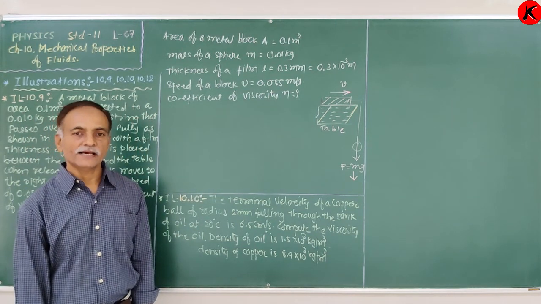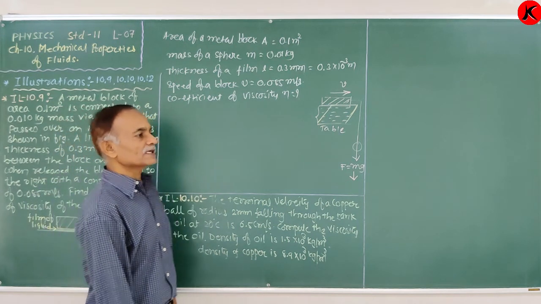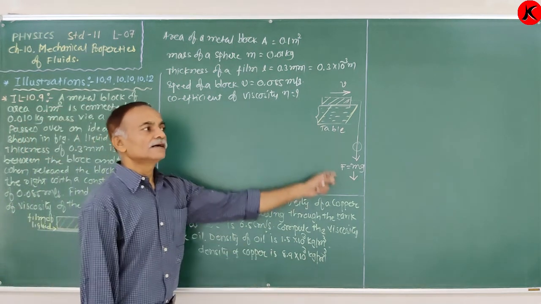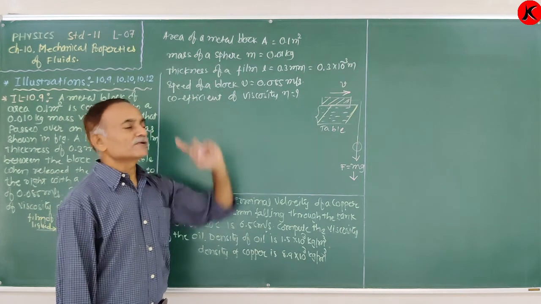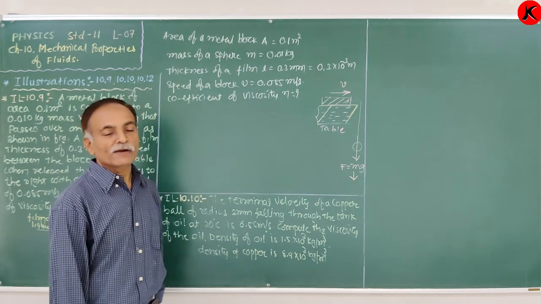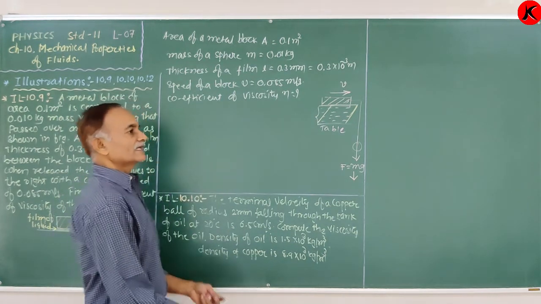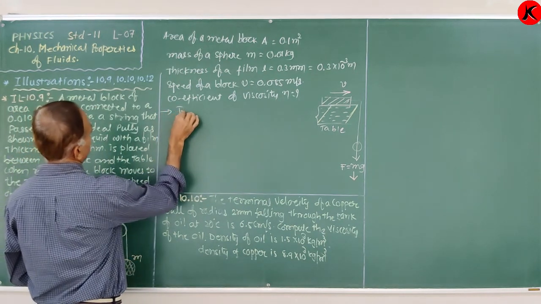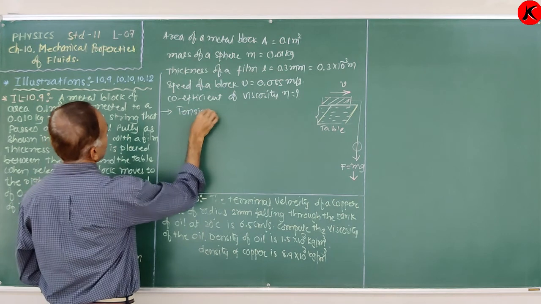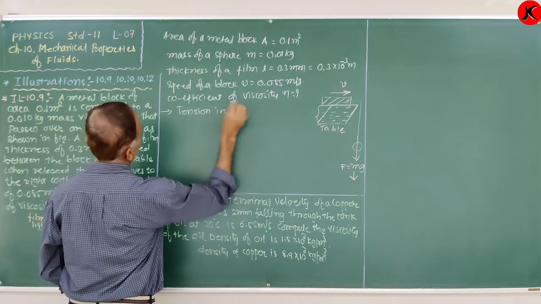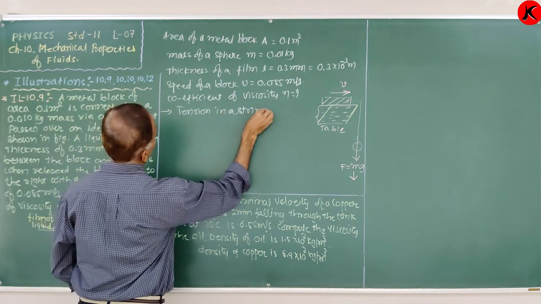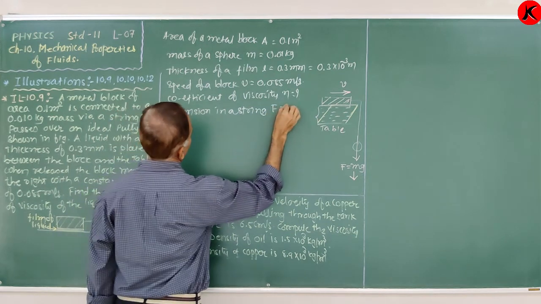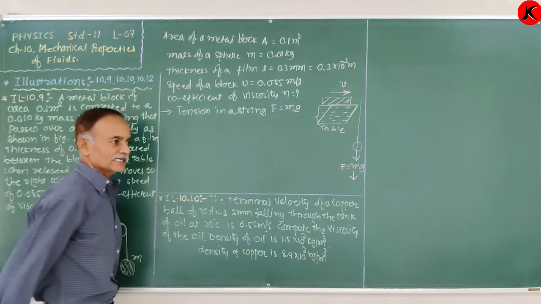To the strain rate. For that purpose, first we have to find out the tension produced in the string, or the force acting on the block. Therefore, the tension in the string, T or F, is equal to mass into gravitational acceleration.